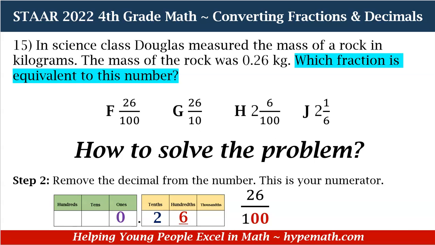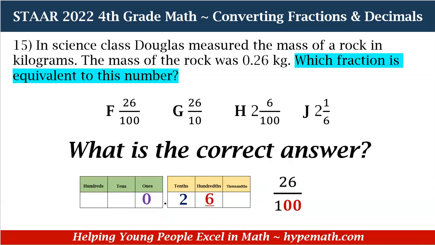So 26 over 100 is the equivalent fraction for 0.26 or 26 hundredths. So let's look at our answer choices to see what is the correct answer. Do you see it?